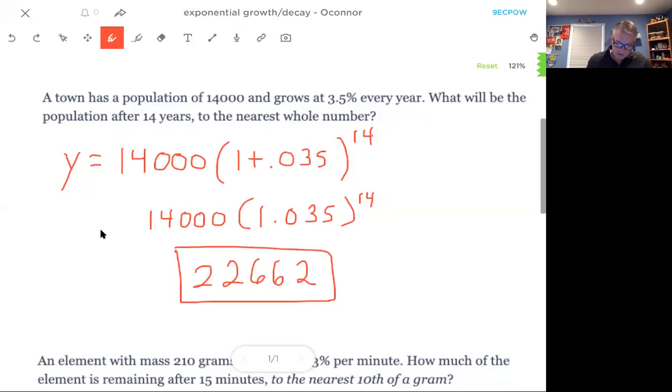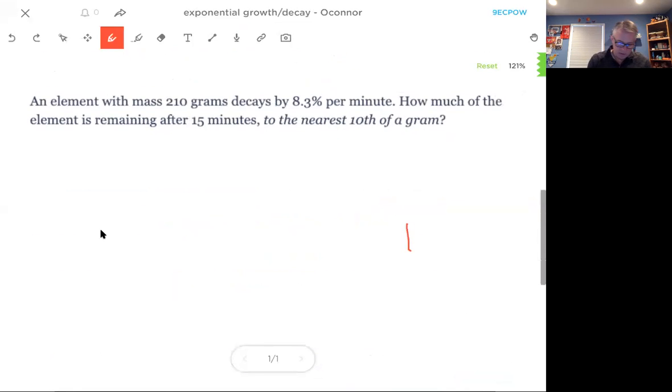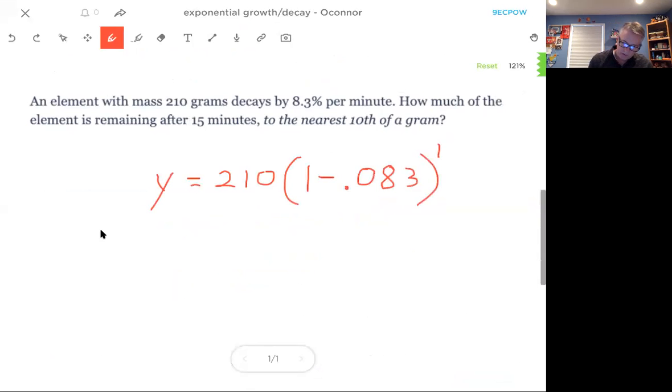All right, last but not least, we have an element with a mass of 210 grams. So that's our initial amount. It's decaying by 8.3%. So that's 1 minus 0.083. And how much is remaining after 15 minutes?